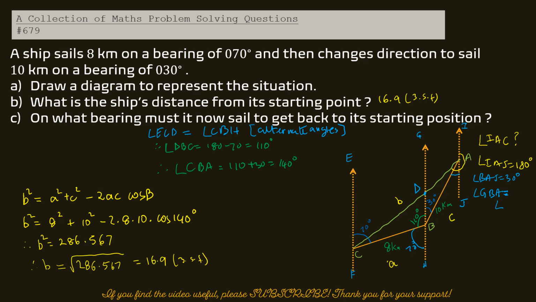So angle GBA equals angle BAJ, and that is also 30 degrees.